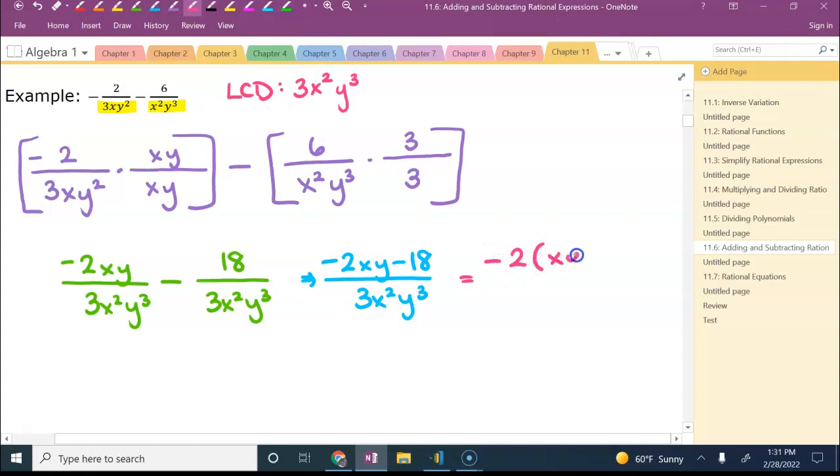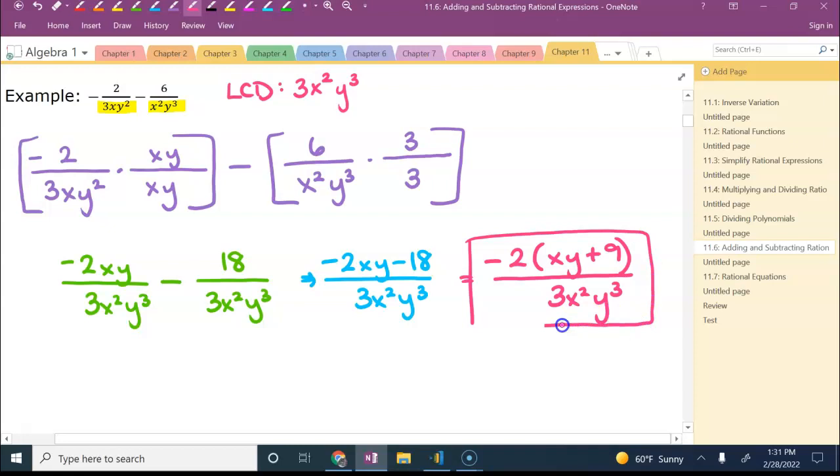And so you'd be left with xy minus 9, or sorry, plus 9, because we took out a negative 2. And it'd be all over 3x squared y to the third. Again, it's just good to get in that habit of factoring, so that if I could cancel something out, I would at this point, but there's really nothing that I'm able to eliminate, so we're just going to leave our answer in that form.